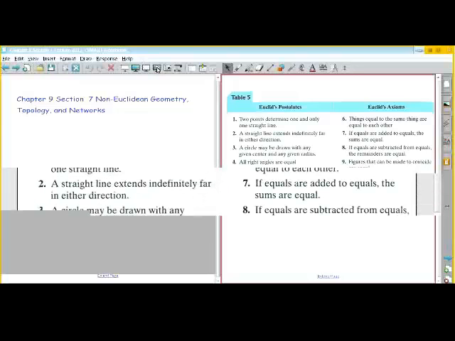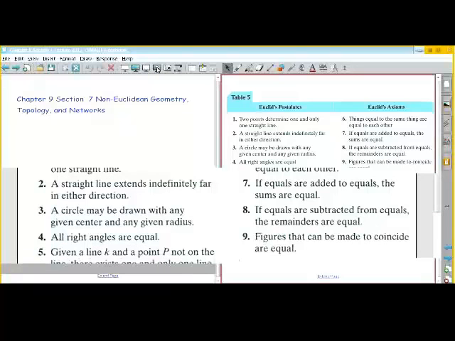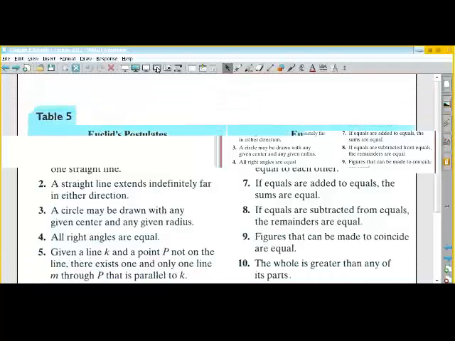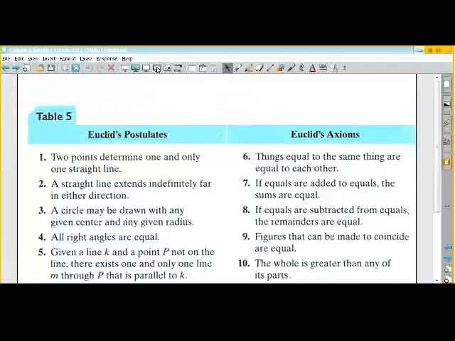When you took geometry in high school, you dealt with Euclidean geometry, because Euclid, who was a Greek mathematician, came up with these laws, basically postulates and axioms, about geometric figures. So let's just read them.